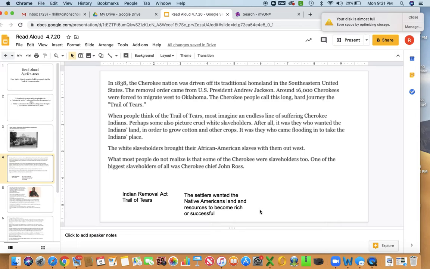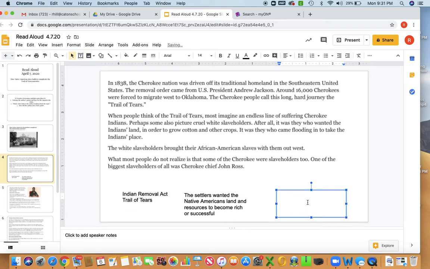The white slaveholders brought their African American slaves with them out west. What most people do not realize is that some of the Cherokees were slaveholders too. One of the biggest slaveholders of all was Cherokee Chief John Ross. Wow, I did not know that.